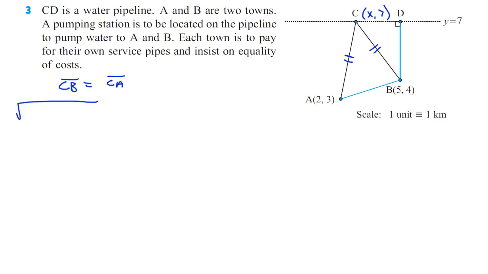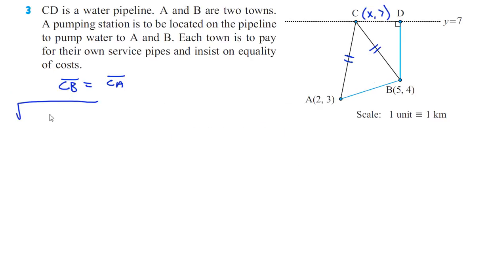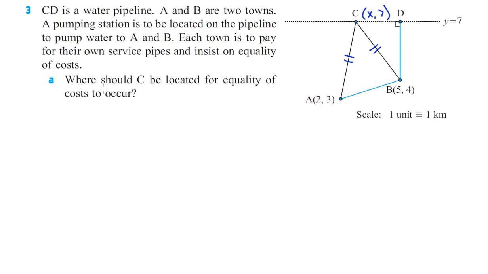Okay, I'm going to actually get rid of this here and move it. Oops, sorry about that. Move it after I put the actual question on there. Okay, so where should C be located for equity of cost to occur? Okay, so again, we want to show that CB is the same as CA.